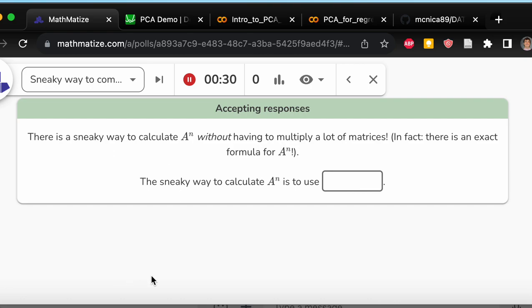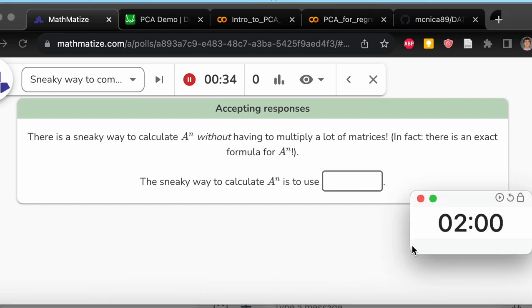Okay, I'll give you guys a minute to think about that. Type in, what did you do in linear algebra class? Okay, 15 seconds left.